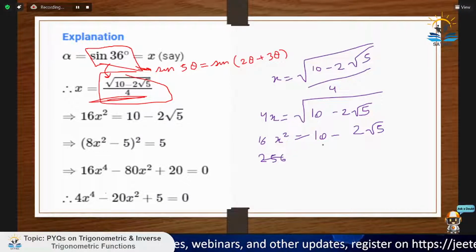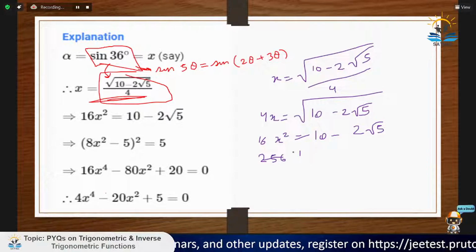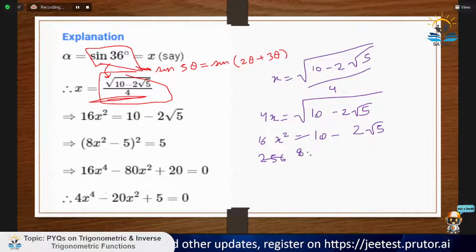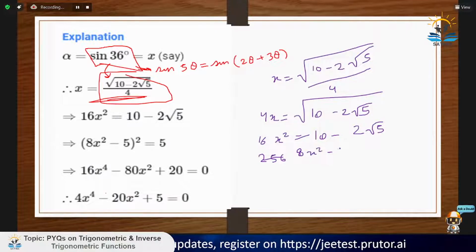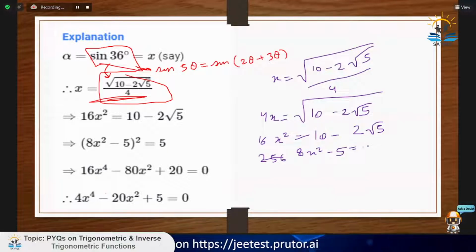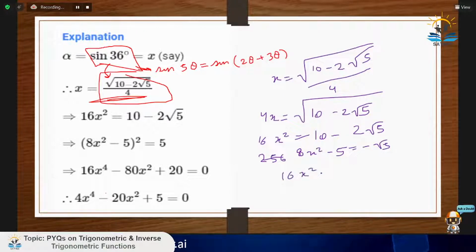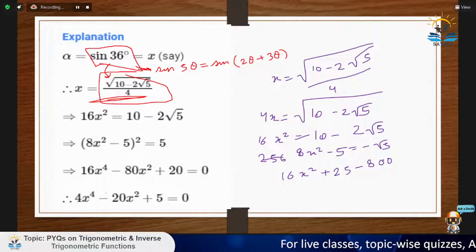Or do one thing, take minus 10 this side and then square and cancel 2, so you're getting 8x square minus 5 because then only this root will go away, otherwise it will remain. 8x square minus 5 is equal to minus root 5, and now square both the sides, you will get 64x power 4 plus 25 minus 80x square equal to 5.